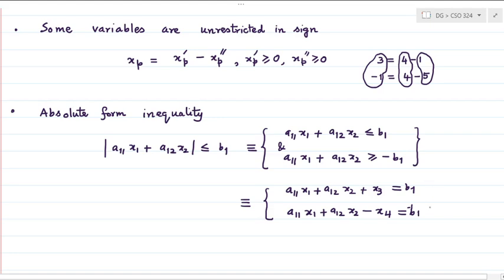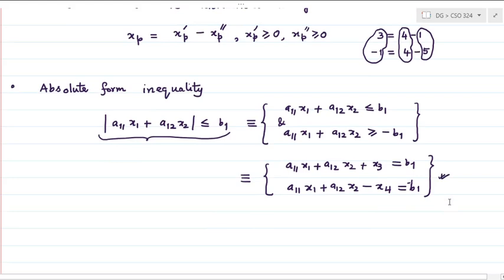Fine. And therefore now you have resolved the issue of absolute form of inequalities. If we have some inequality like this, then we know that this can be equivalently replaced by two equalities. These are these two. Fine.